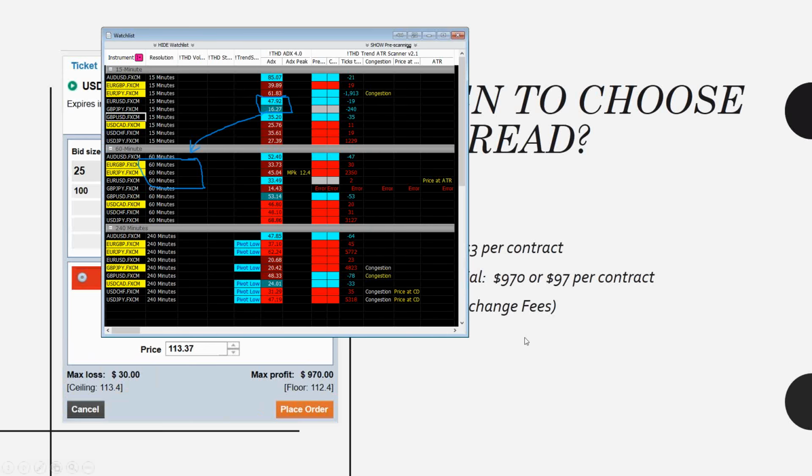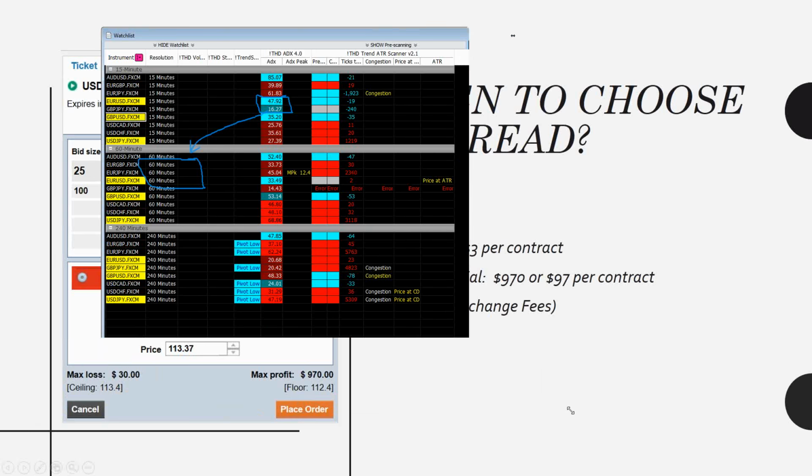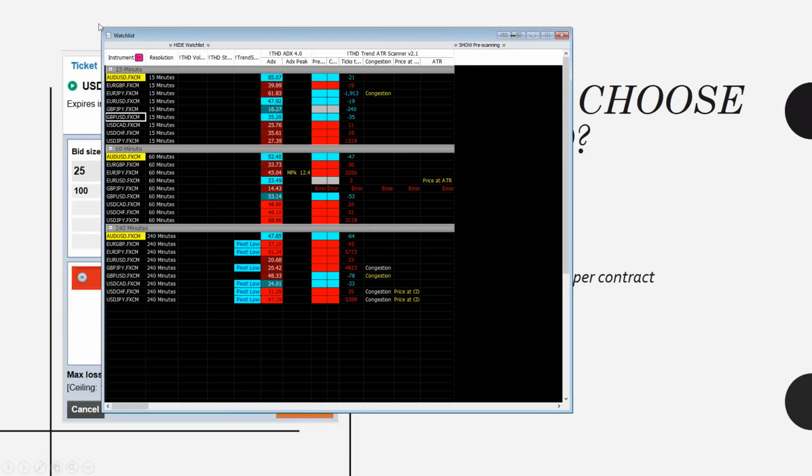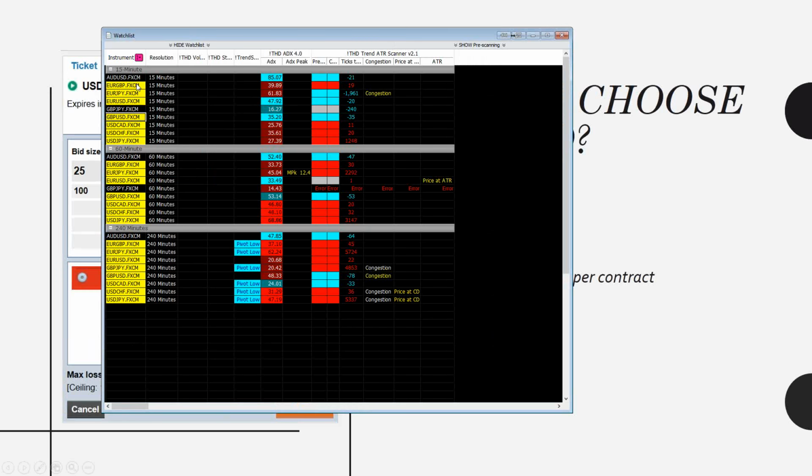I have something like this. Can y'all see my screen right now? It says watch list up at the top. I can monitor 1, 2, 3, 4, 5, 6, 7, 8, 9 currencies, 3 different time frames in one window.